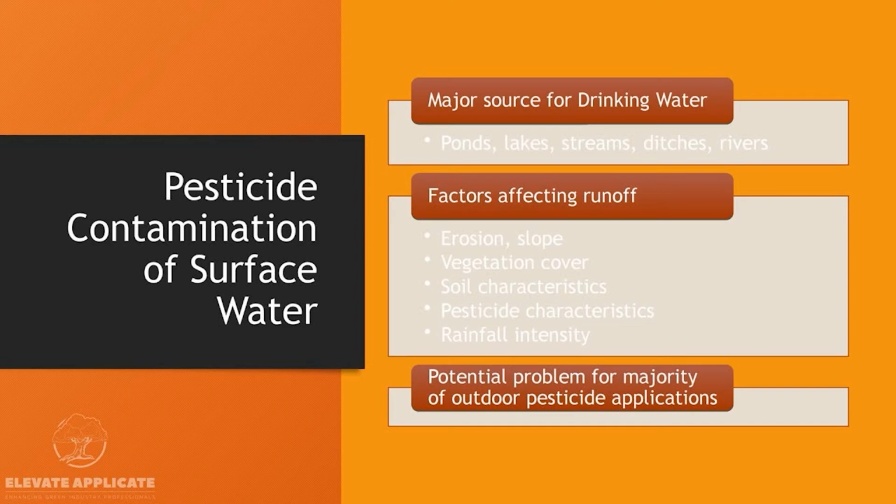Is it clay? Is it loamy? What are the pesticide characteristics? Is it persistent? Is it very water soluble? What's it going to do? And then also rainfall intensity. If it downpours 3 inches in an hour, well, some stuff's going to move around, right? But there's a potential problem for the majority of outdoor pesticide applications, and we need to be conscious of all this.